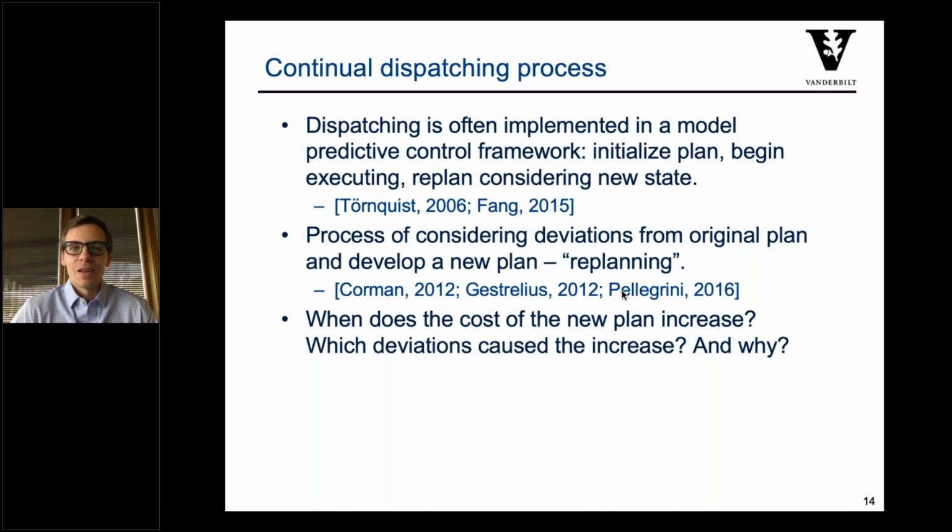This is implemented in many different domains, everything from planning and executing a railroad to autonomous vehicles and many other areas. Specifically in the railroad context, this is often referred to as the replanning problem: identifying deviations from the original plan, developing a new plan, and executing that.